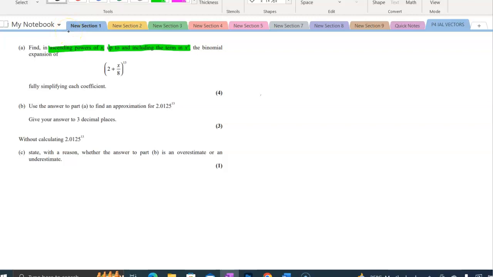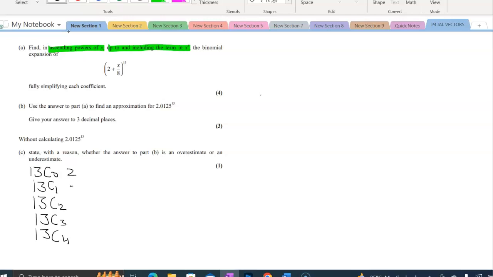First thing we write is 13C0, 13C1, 13C2, 13C3, 13C4. We have to write like this.